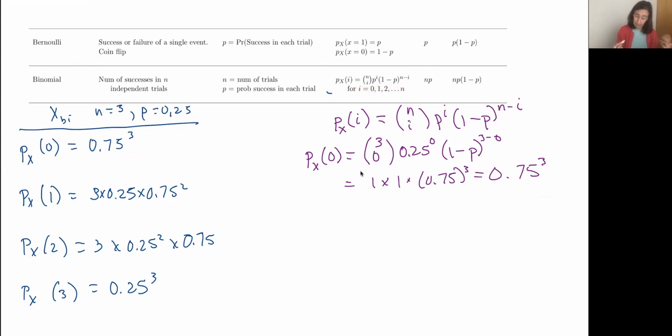Here. Let's keep going. Let's do that for i equals 1. Okay, so again, over on this side, all I'm doing is plugging numbers into this formula.